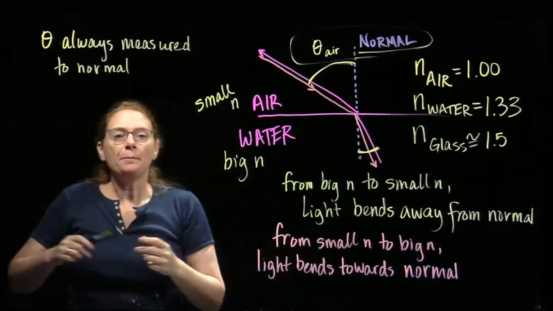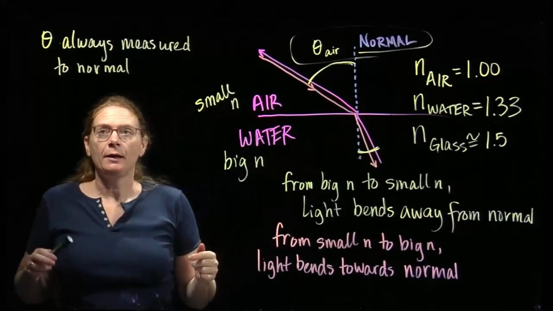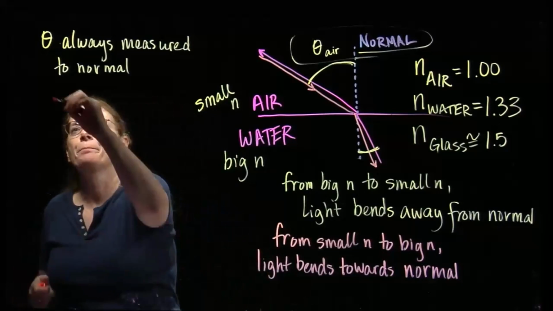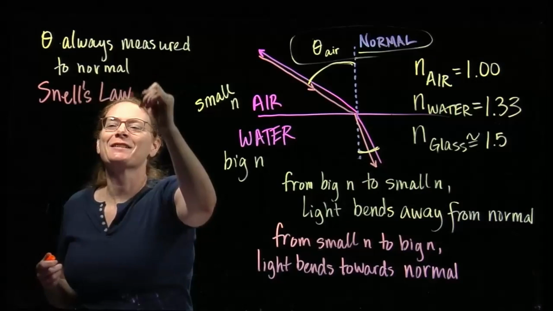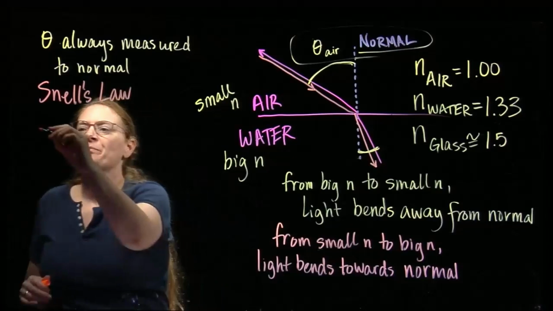And the mathematical equation for figuring out how light bends is called Snell's law. I'm going to see if I can get a less squeaky marker. That's a lower note, at least. It's called Snell's law. And I love Snell's law because it's symmetric.